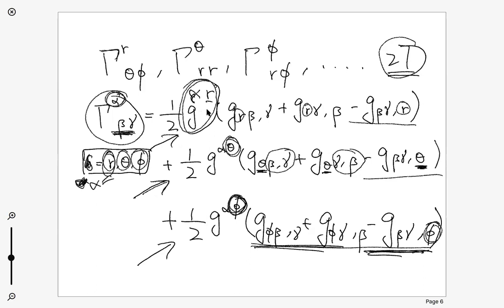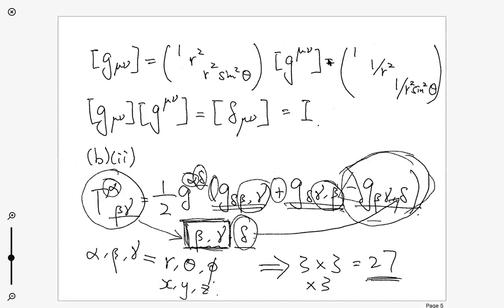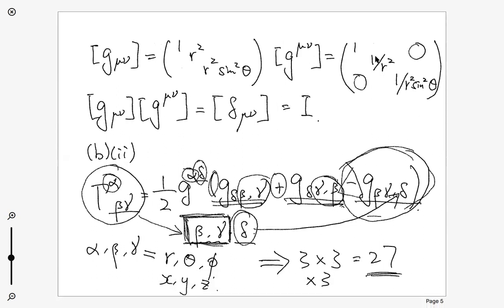So off-diagonal term, I assume you mean something like, for example, G theta R or G phi R. Obviously, they are off-diagonal, and they should all be 0, because if we recall what the inverse metric looks like here, all the off-diagonal terms are 0.